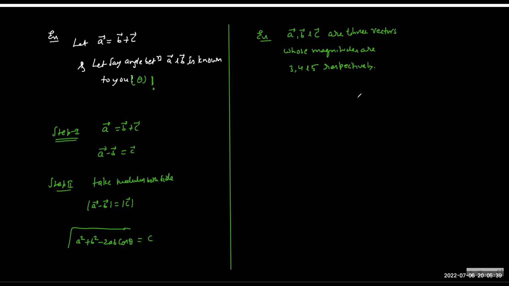So we have three vectors whose magnitudes are 3, 4, and 5 respectively, which is a very famous Pythagorean triplet. Okay, this is called the Pythagorean triplet. I hope you have heard of it.